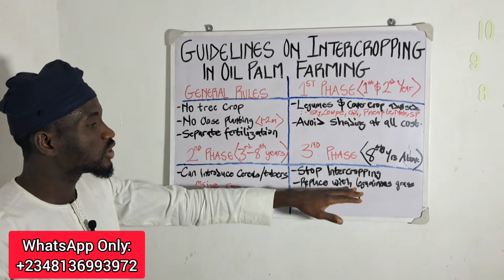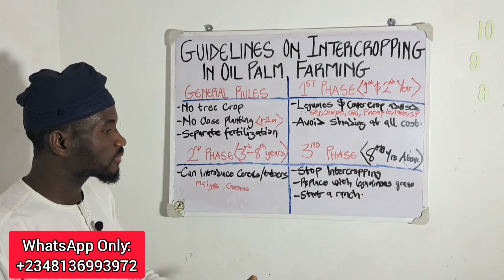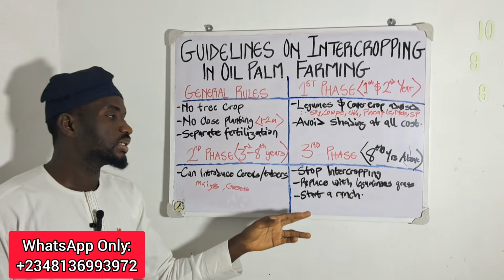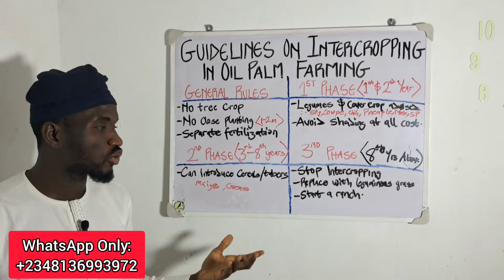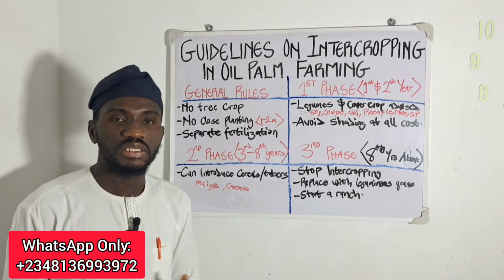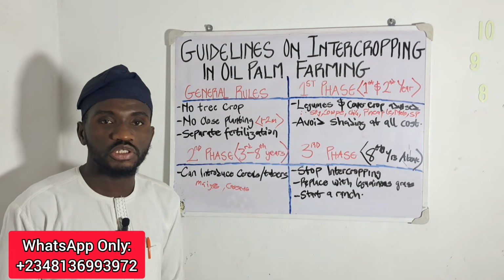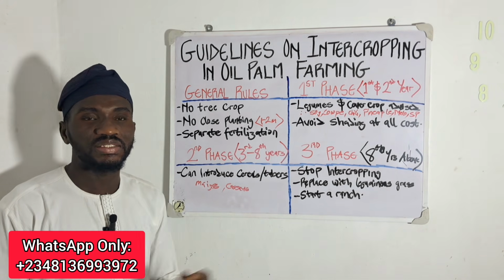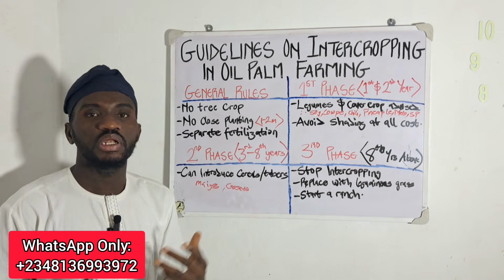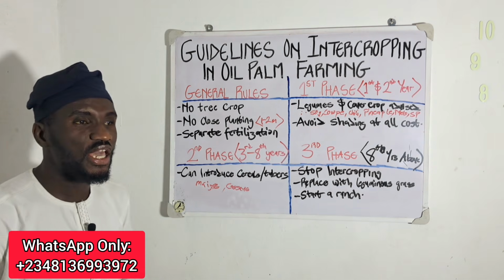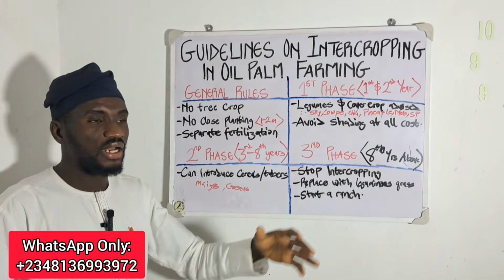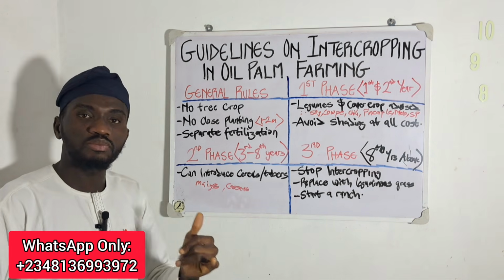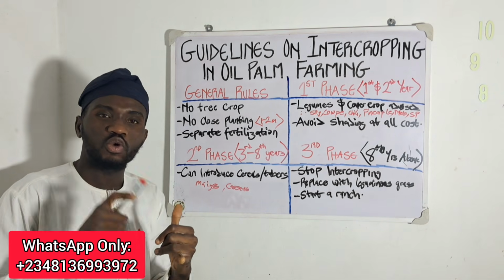So at this point, we advise you to stop intercropping and instead replace it with leguminous cover crops or leguminous grass. In some big plantations, what they do at this stage is just introduce leguminous grass and you will see everywhere will be covered with those grass, and it will help them to prevent weed.